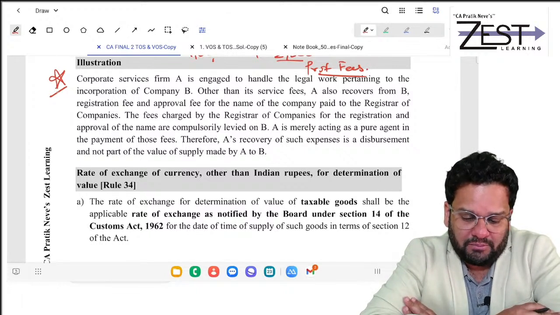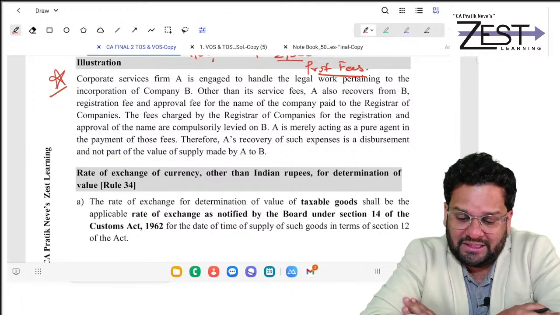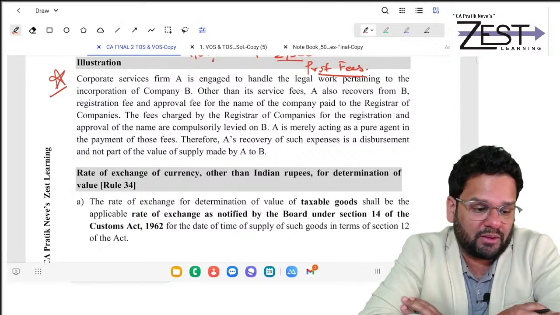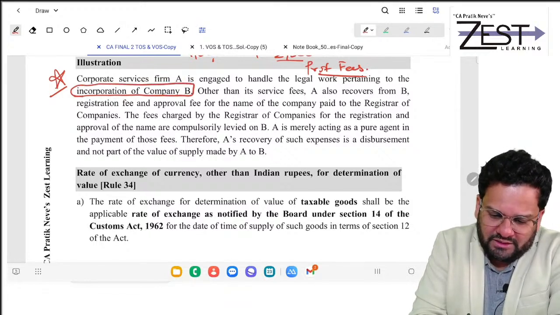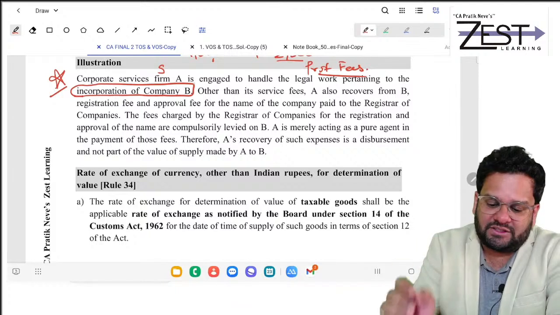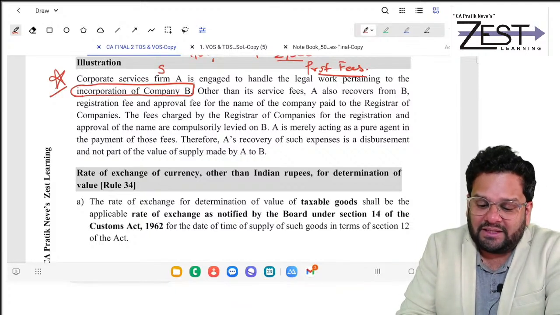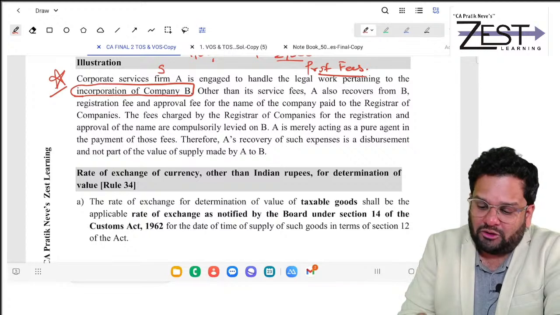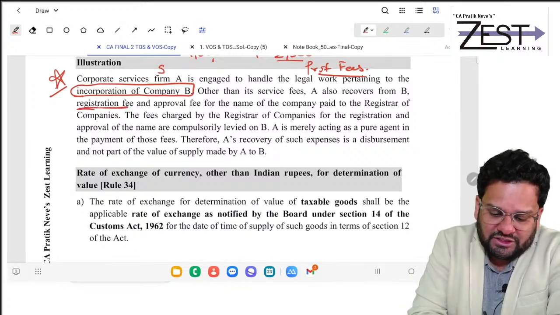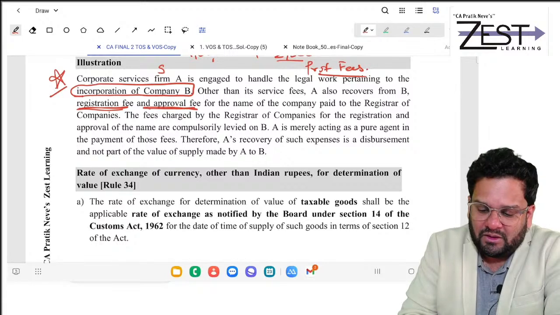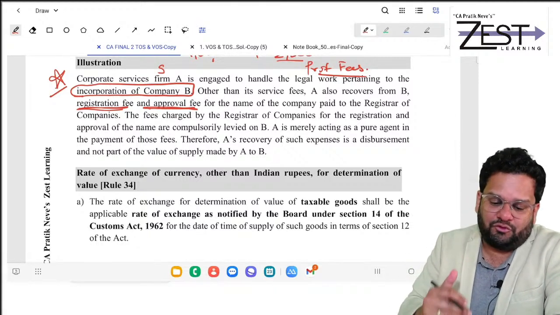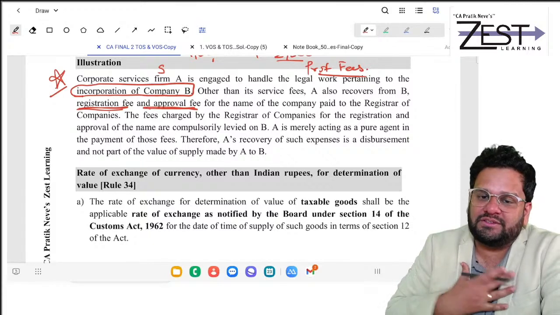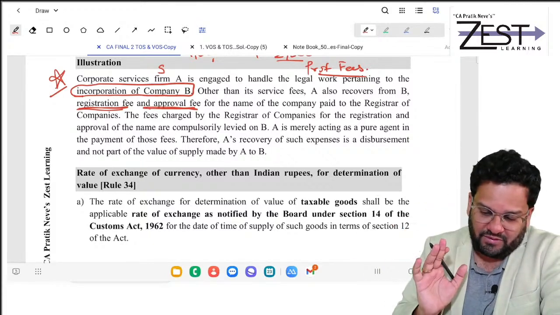Corporate services firm A is engaged to handle the legal work pertaining to incorporation of company B. Okay, so firm A is supplier, company B is recipient of supply. Now other than its service fees, A also recovers from B registration fee, approval fee for the name of the company paid to the registrar of companies. So friends, as firm A, I am taking my own fees plus government charges.